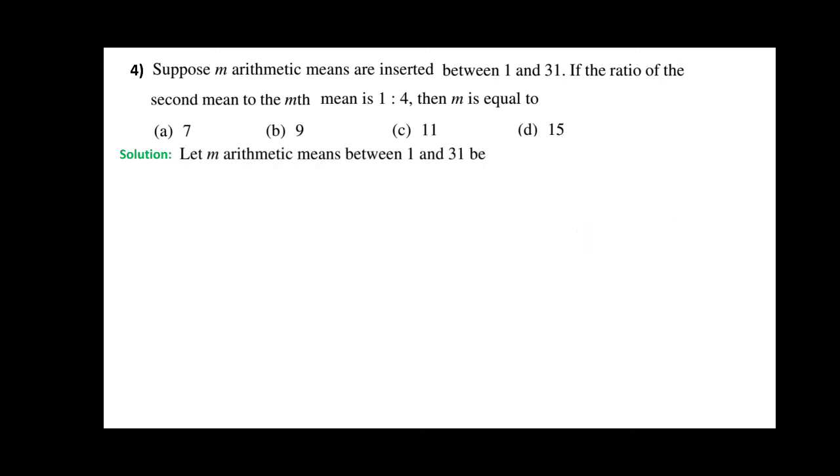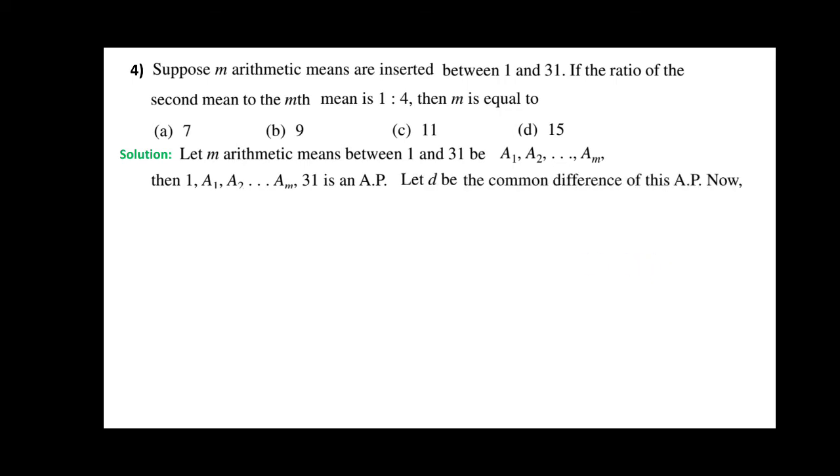Let the m arithmetic means between 1 and 31 be A1, A2, and so on up to Am. These are the m means here. Then 1, A1, A2, and so on up to Am, 31 is an AP, because after inserting m arithmetic means between 1 and 31, the sequence becomes an AP. Let small d be the common difference of the AP. Now, 31 is the last term.